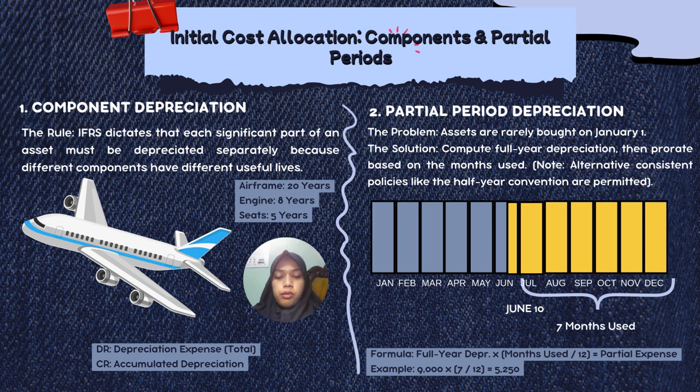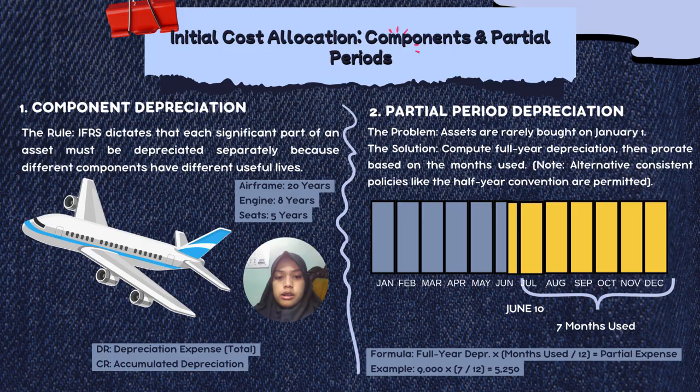And now let's move on to partial period depreciation. Assets are usually not purchased on January 1st. Sometimes companies buy assets in the middle of the year, so depreciation must be adjusted based on how many months the asset is used.